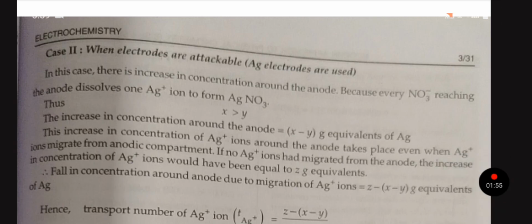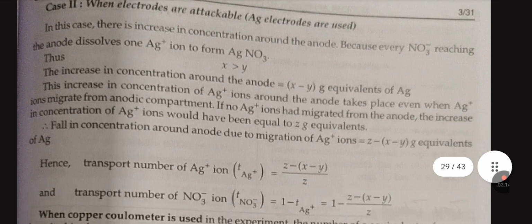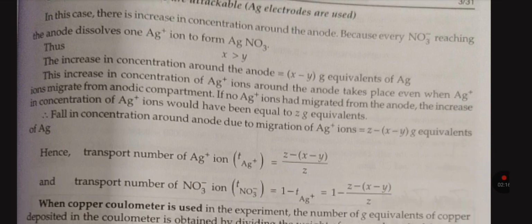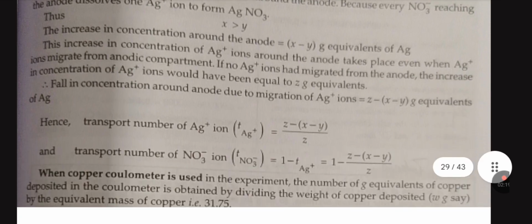Case 2. When electrodes are attackable, Ag electrodes are used. In this case, there is an increase in concentration around the anode because every NO3 negative reaching the anode dissolves one Ag plus ion to form AgNO3. Thus, X is greater than Y. The increase in concentration around the anode is X minus Y gram equivalent of Ag.